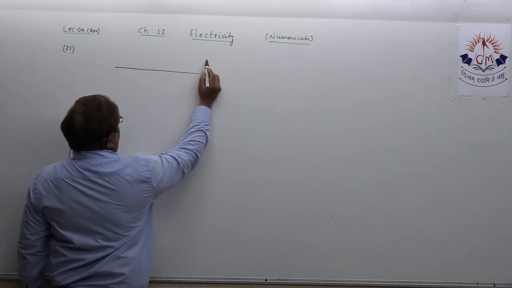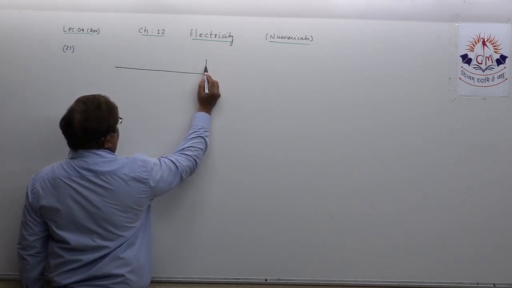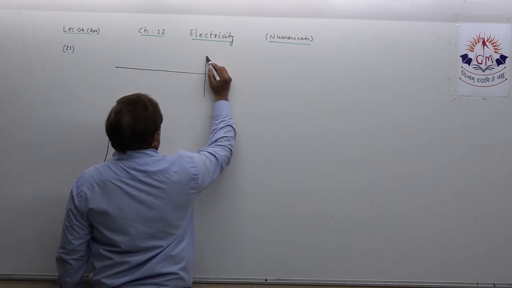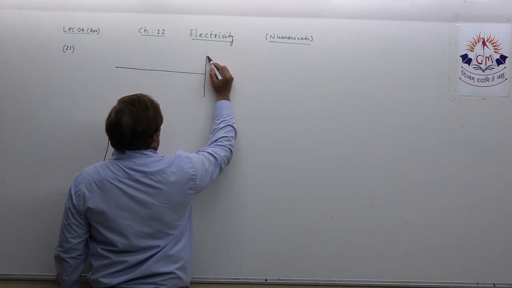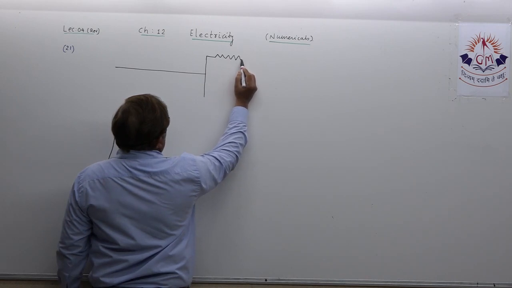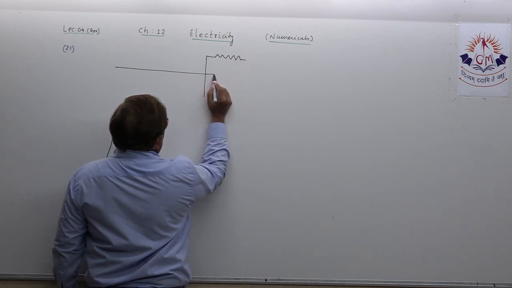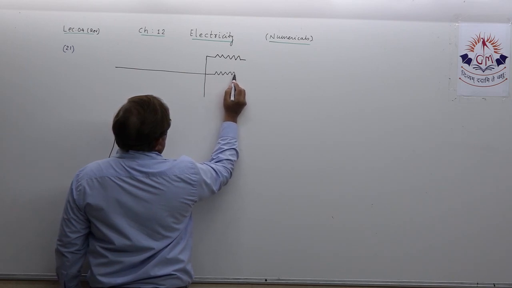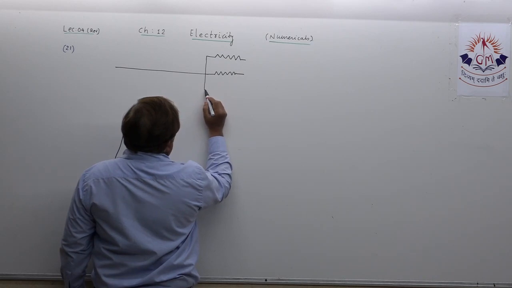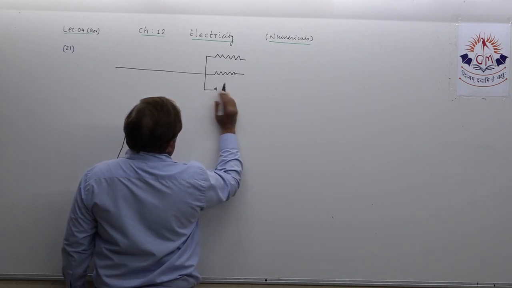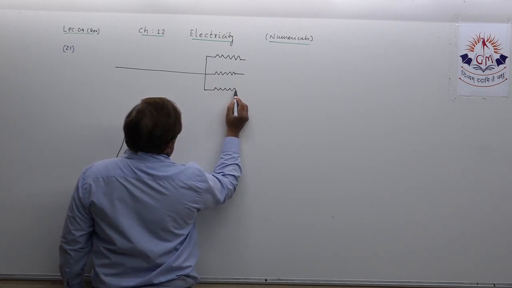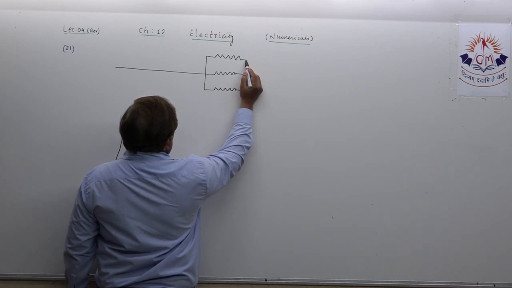Draw with me. 3 resistors are shown in this way: resistor 1, then resistor 2, and then resistor 3.